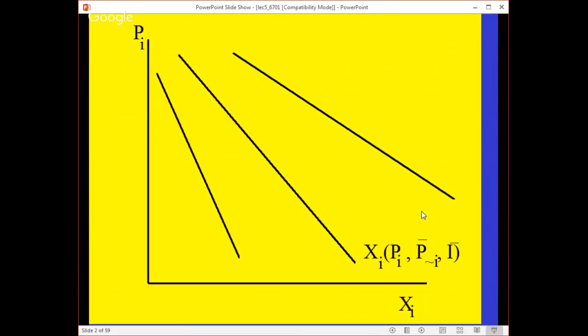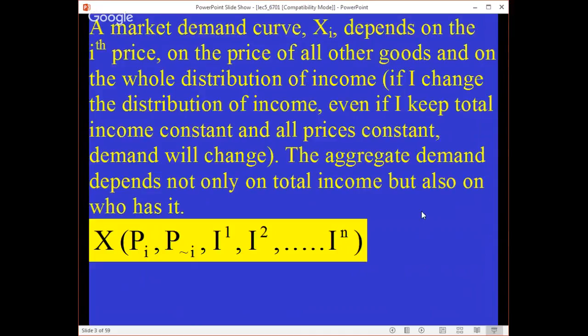Okay. So market demand curve, Xi, depends on the ith price, on the price of all of the goods, and the whole distribution of income. If I change who has the income, demand is going to change, simply because people have different tastes, right? If all the rich people really love vanilla ice cream, the demand for vanilla ice cream will be high.